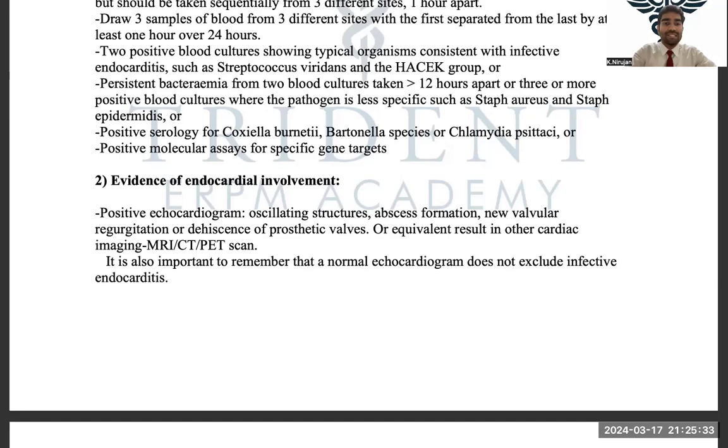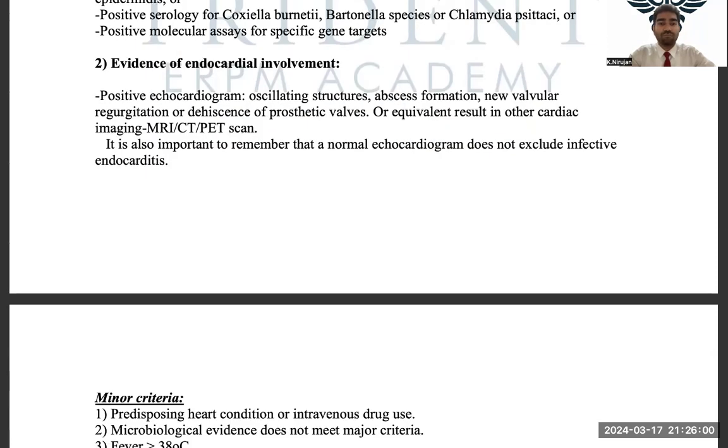What you expect to see is an oscillating structure attached to the valve, or an abscess formation, or new valvular regurgitation, a new murmur, or dehiscence of a prosthetic valve. So these are the evidence of infective endocarditis in cardiac imaging. A pendular structure attached to the valve, abscess formation around the valve, a new valvular regurgitation, or a dehiscence, I mean the breakdown of a prosthetic valve.